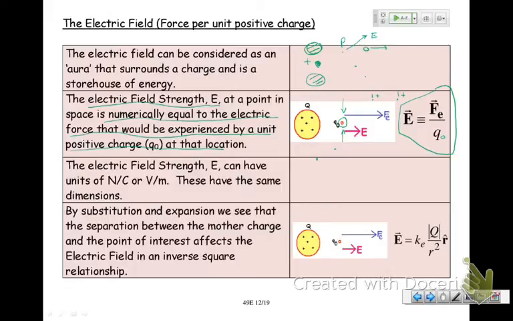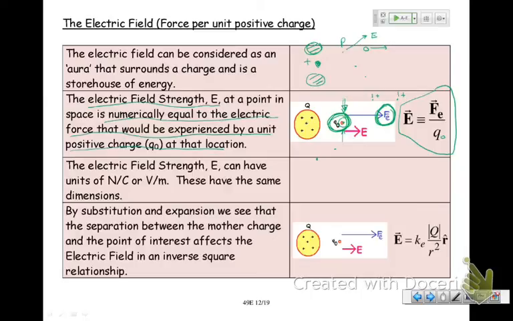That big Q causes that Fe. Well, I know the electric field at this point where this little charge is by dividing the force felt by that charge by the charge value of that charge.